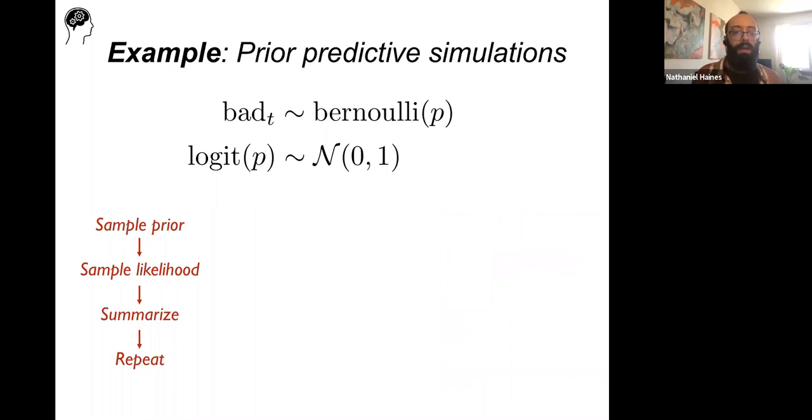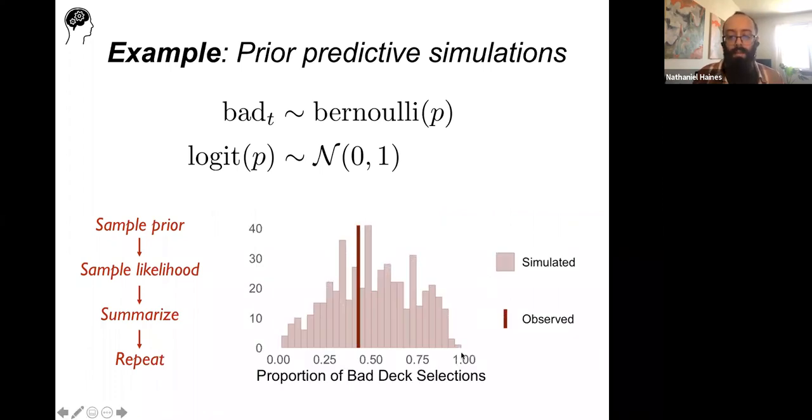Okay, so now you've seen I've changed it to this normal 0, 1, and I can try this again and see what happens. And this time, what I'm getting is something more concentrated around 0.5, which, if we think back to the task, makes sense: if you were to respond completely randomly on each trial, we would expect you to have half and half good and bad selections.